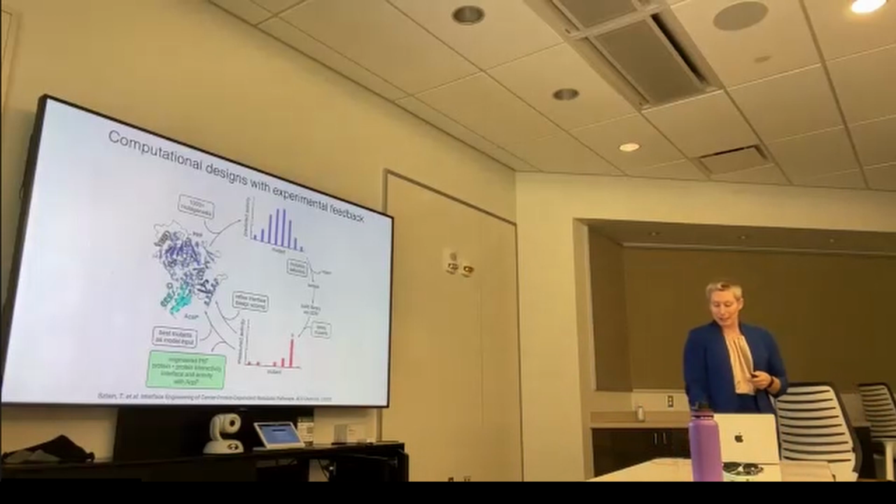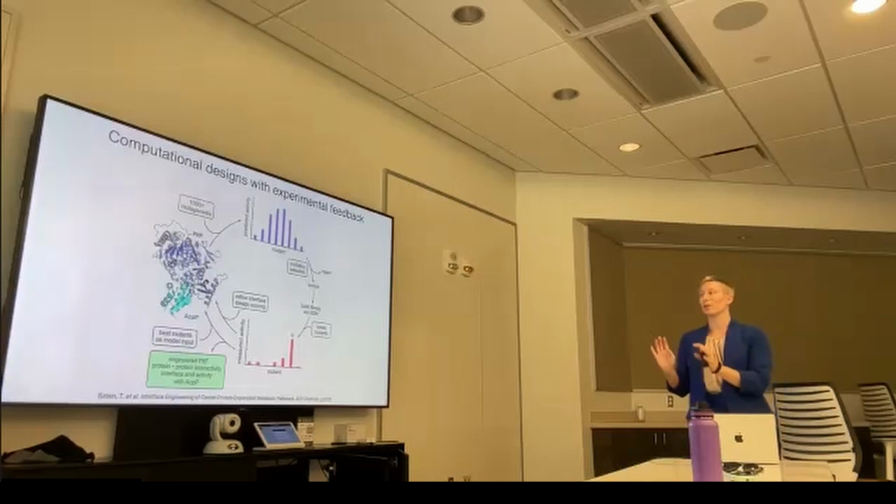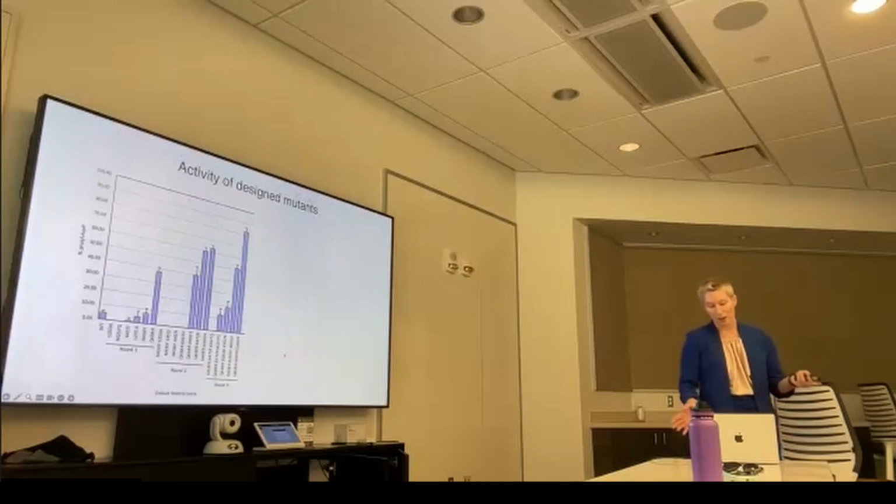So we decided what we would do is we would generate mutations with Rosetta, we would test them experimentally, and then we would refine the score function and see if we could get some better models. So already though, with just using Rosetta and using this information that we had about the structure and communication, we were able to do iterative rounds of mutagenesis.